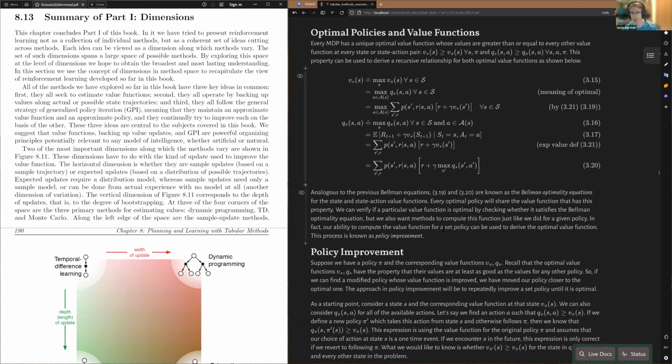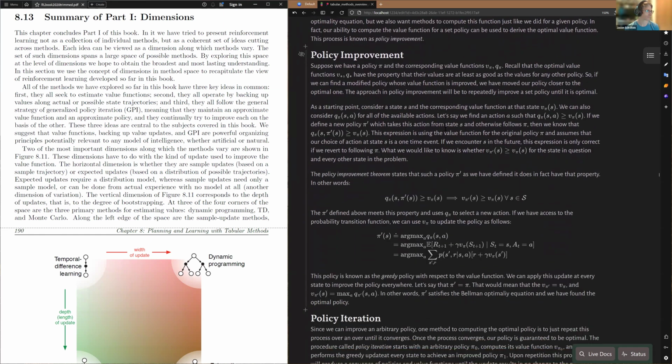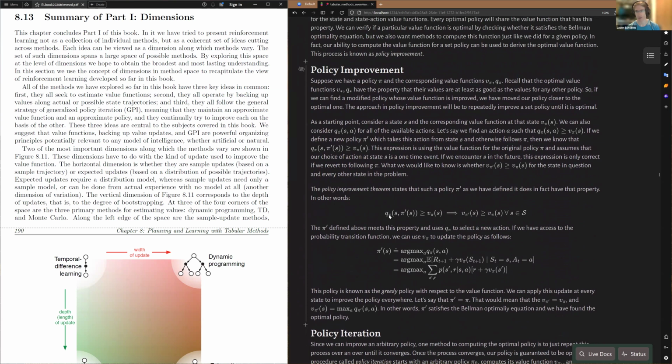But before doing that, what's done in the book is going over the idea of policy improvement, which is the idea of not really using this directly, but rather computing a policy function. Here, let's say we have the Q function, and then we change the policy in some way that is guaranteed to produce a higher value.